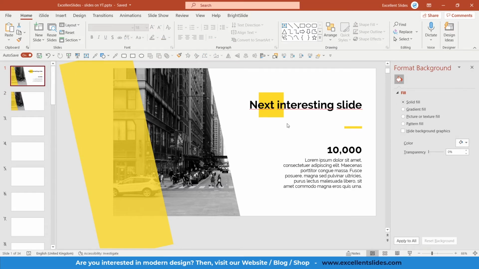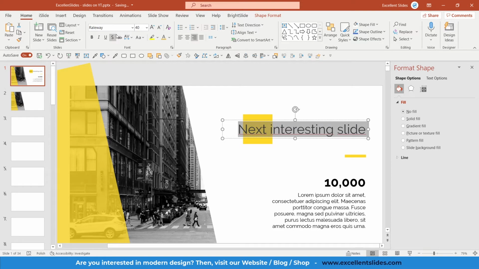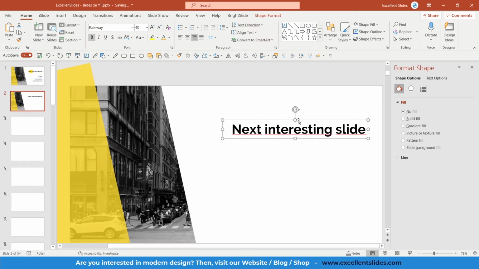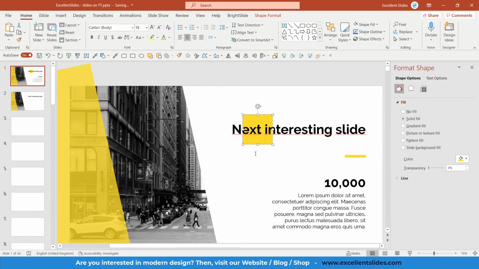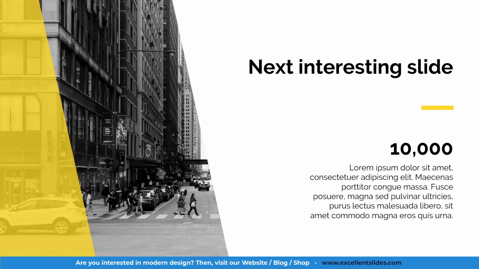Alright, the next thing is this title. As you can see, I used Raleway font and bold version. It's really quick and easy to create this title, so I will just copy and paste it. And as you can see, without this square, this slide looks boring.